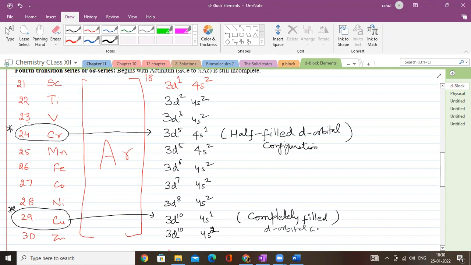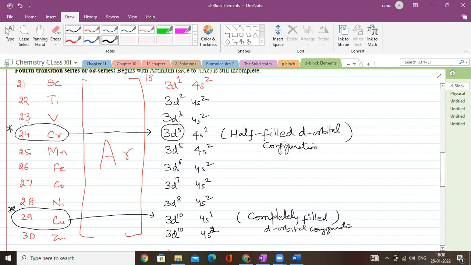Now let us take up, I'll write here first argon 18: scandium is 3d1 4s2, titanium is 3d2 4s2, vanadium is 3d3 4s2, chromium with an exception 3d5 and 4s1 because it is half filled. 3d5 has a half filled d orbital configuration.